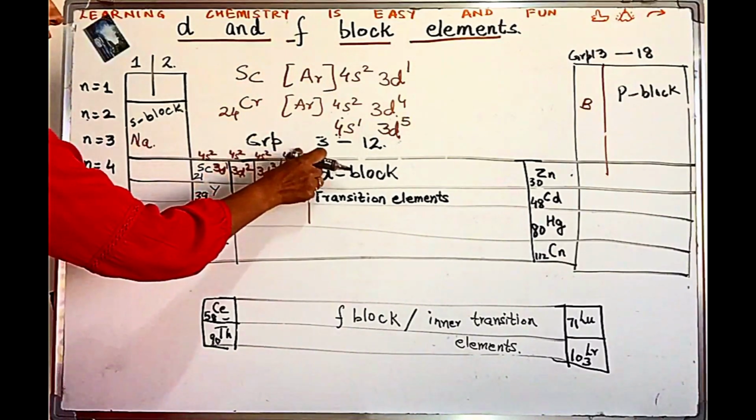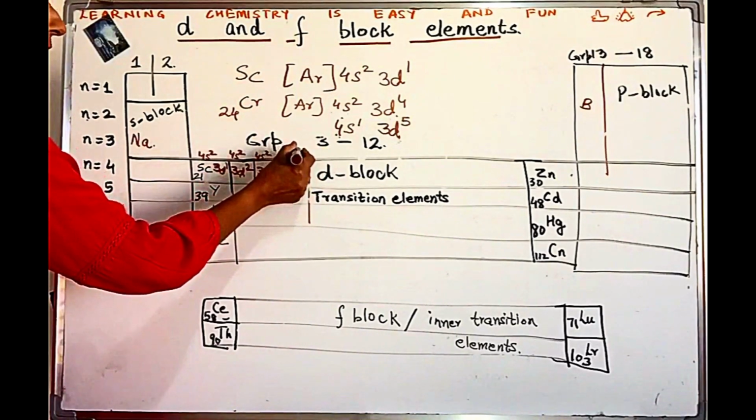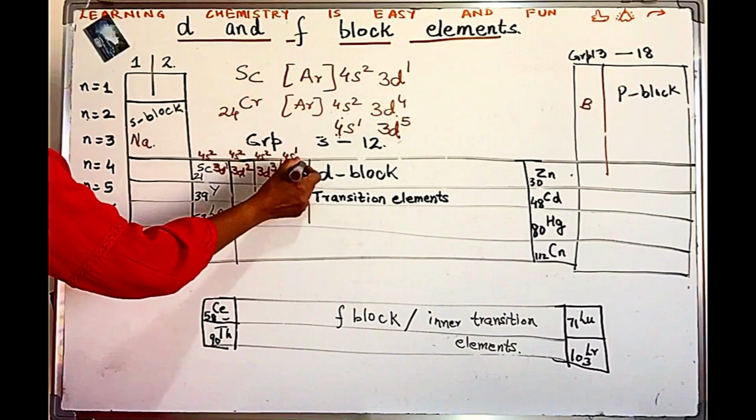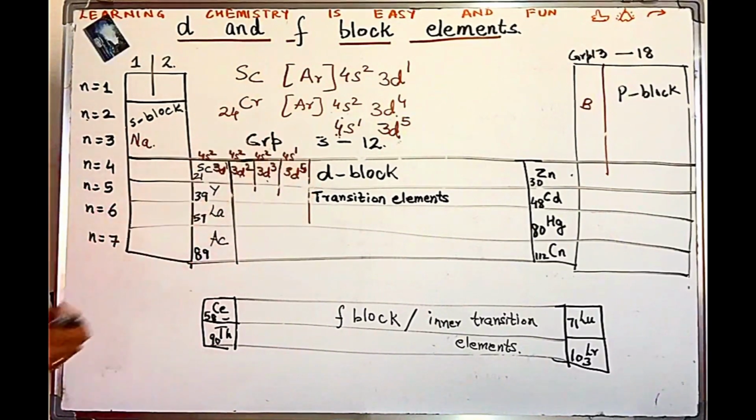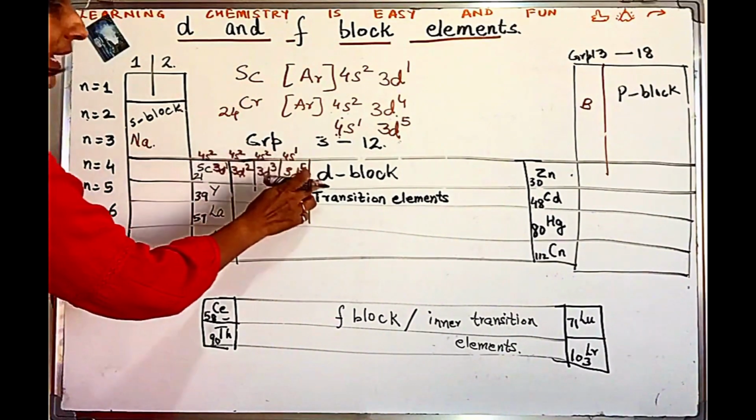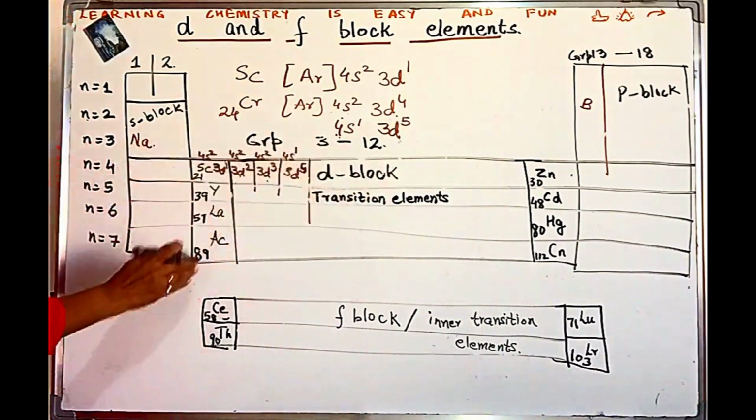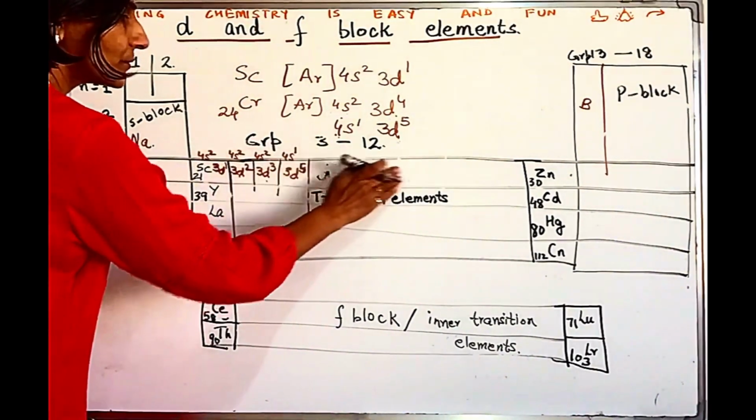So we write the configuration of chromium as 4s1, 3d5. So can you relate to why we are calling these elements the D block elements, right?